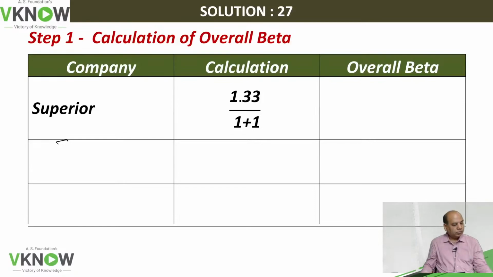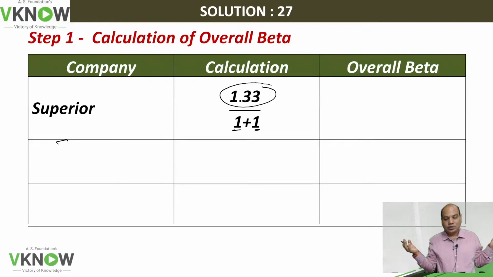Look at the equity beta of Superior. It is 1.33. I am not writing the formula; you can copy the formula from question 26. The debt equity ratio is 50-50, so 1 plus 1. Tax rate is not there. What a life it could be if there is no taxation.